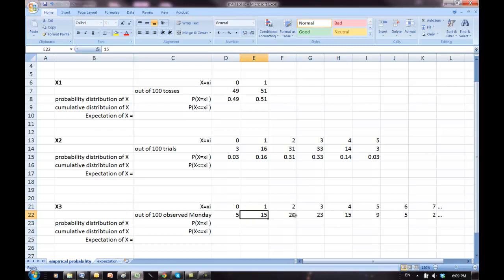And similarly, out of 100 observed Mondays, on 20 Mondays we observe 2 customers showing up in that 1 hour window. So the same idea applies here: we use 5 divided by 100 and then copy it across the whole row.